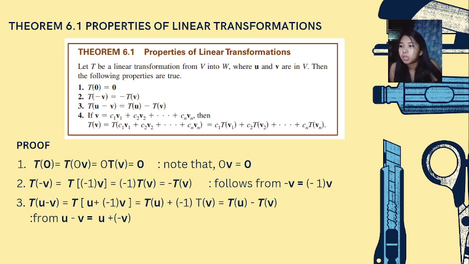So, we substitute it there, and then that would be equal to Tu plus negative 1 linear transformation of the vector b, and that is also equal to Tu, or the linear transformation of u, minus Tb. Therefore, we arrive at this kind of property, with this kind of solution, so we can say that this property is true.